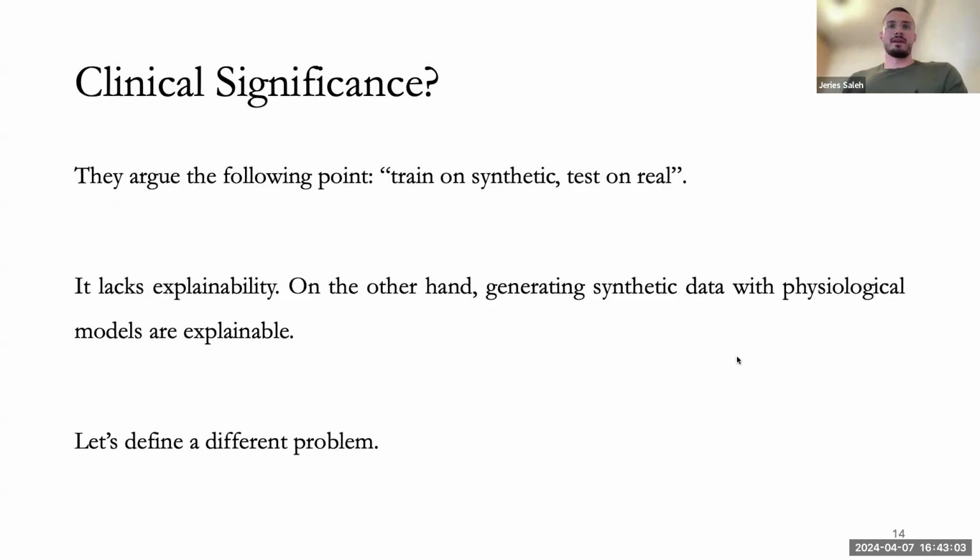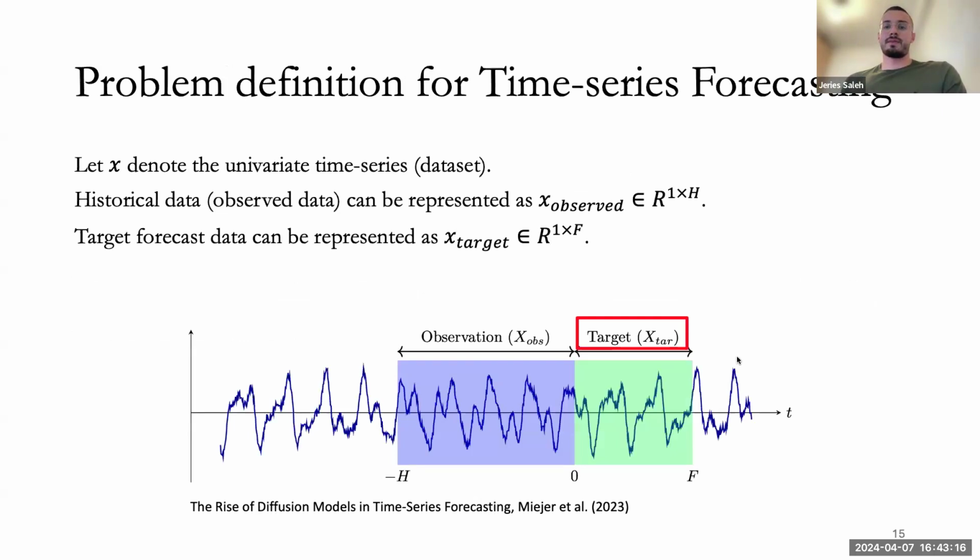And I think, in an electrophysiological lab, you can generate synthetic data with models that are much more explainable. So what I propose to do is to define a different problem, the time series forecasting problem. And in time series, we have our hands on some observed data, and our goal is to forecast the target data.